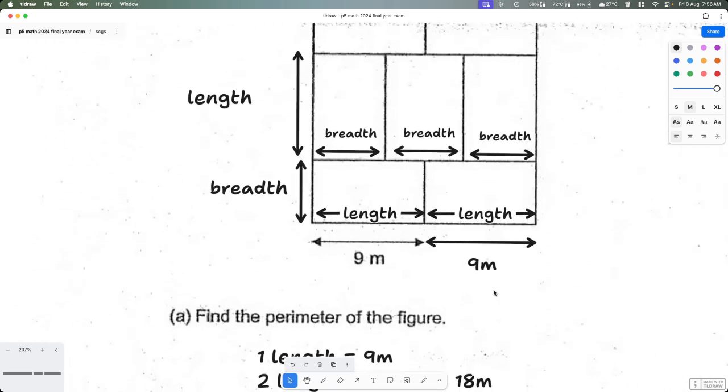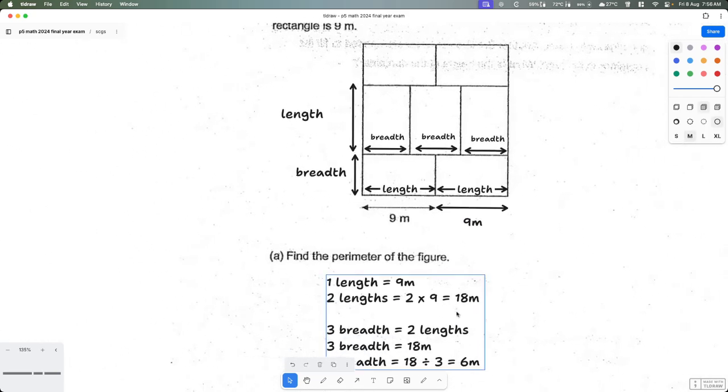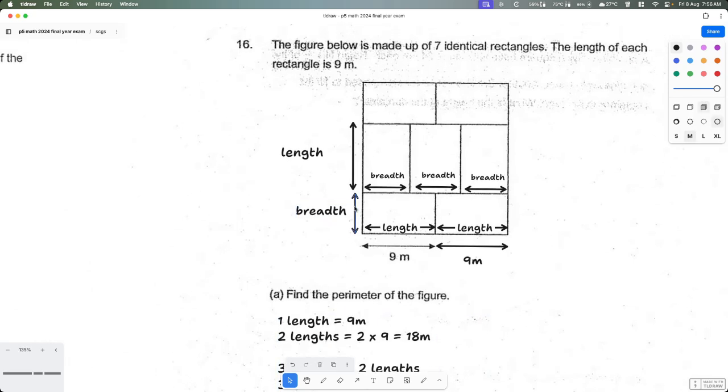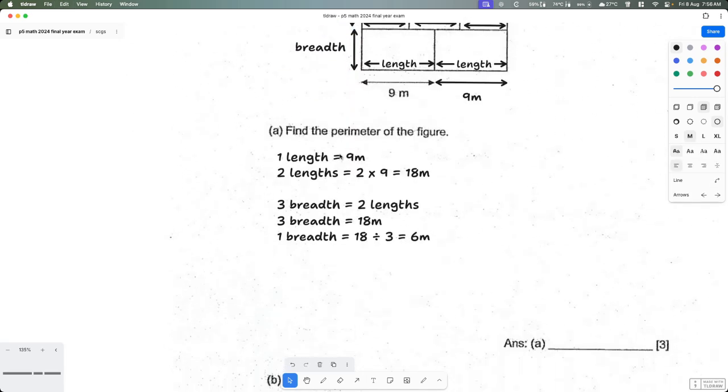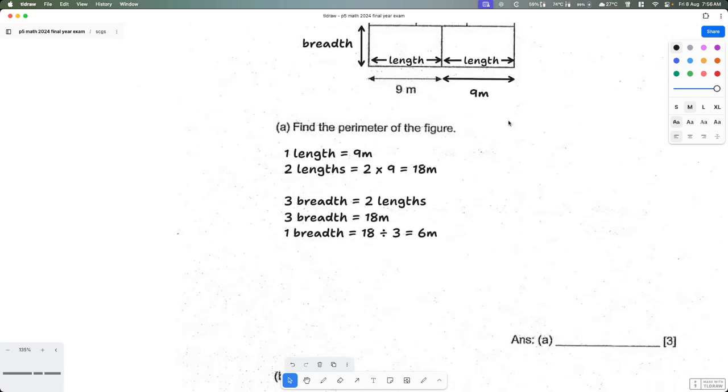All right, so now we know this. Then we just calculate the perimeter. So the perimeter is made of one length, one breadth, like this. Figure length is equal to these two, so 2 times 9, we have 18 meters.